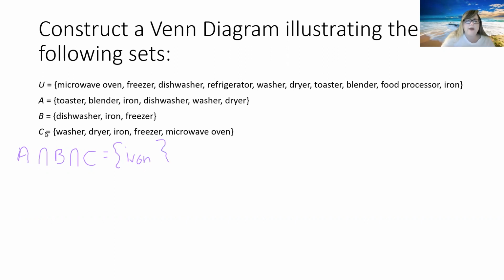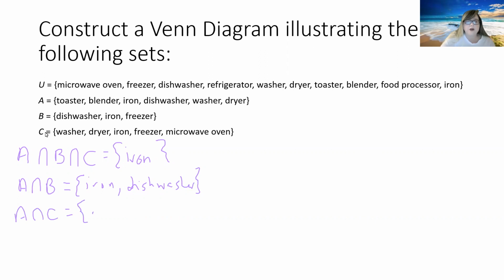Now if I look at the intersection of A and B, we know that toaster and blender are not there, but dishwasher and iron, both of those are. So let's do iron and dishwasher. If I do A and C, there's no toaster, no blender, but we have got the iron, dishwasher, nope, but we do have a washer and dryer.